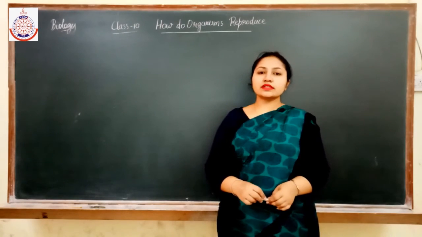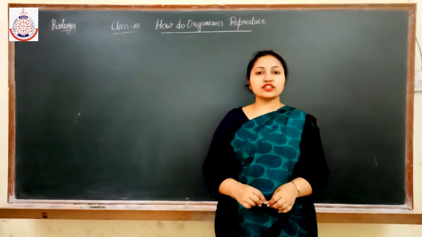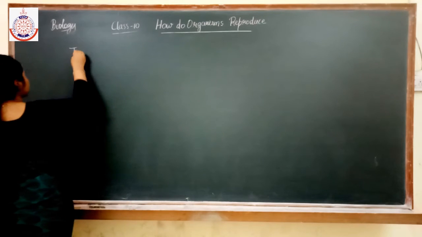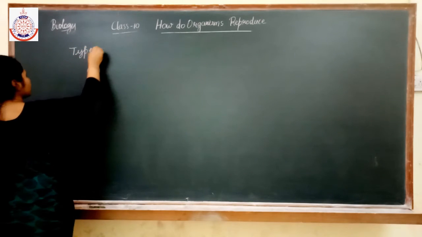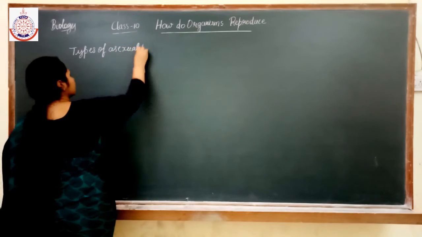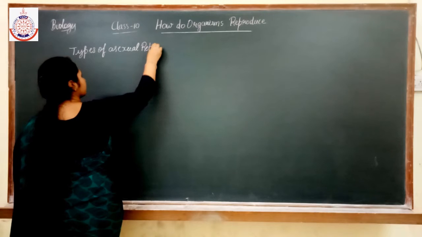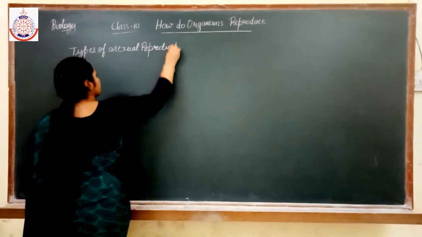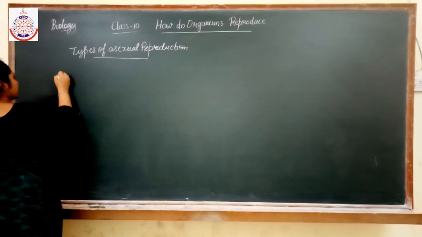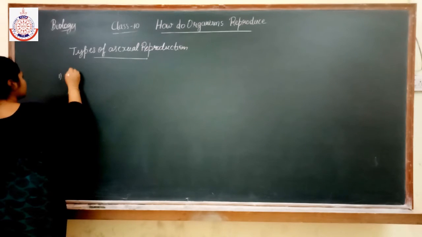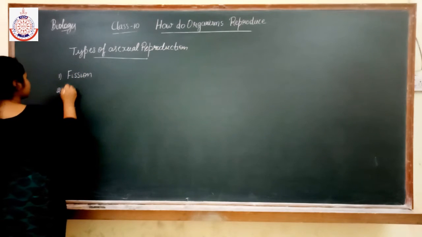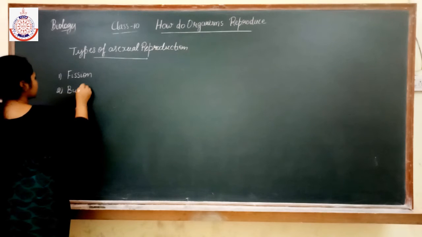Now next we will discuss the types of asexual reproduction. What are the types of asexual reproduction? The first is fission. Second is budding.